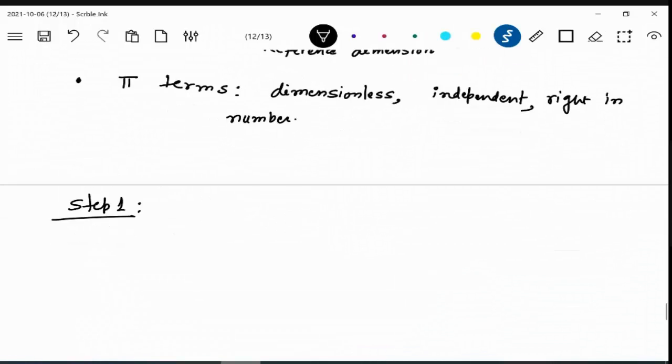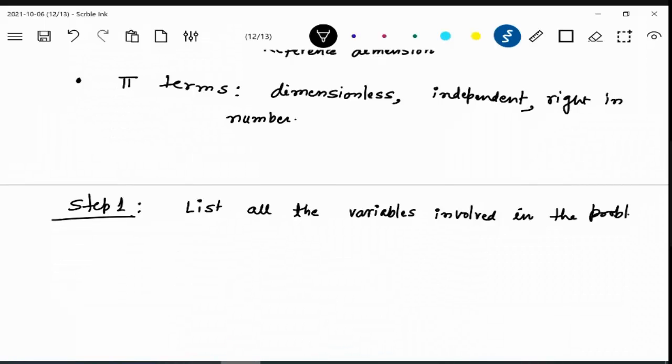In the first step, list all the variables involved in the problem. So how do you get these variables?